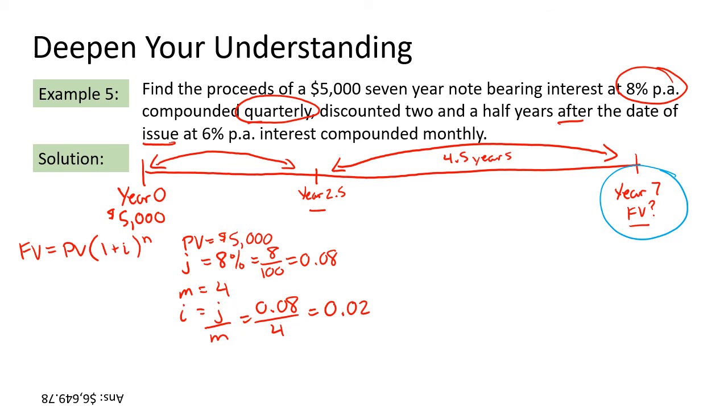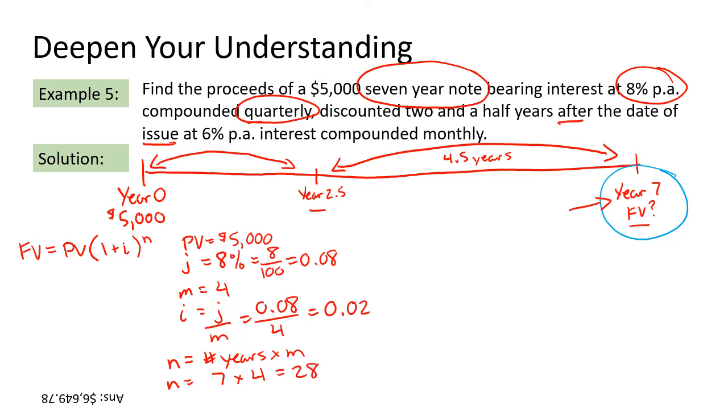Our last item to calculate, our total number of compounding periods, n, is equal to the number of years multiplied by m, our number of compounding periods per year. So our number of years, it's given that it's a 7-year note, remember? And remember we drew this graph and we're trying to find year number 7.